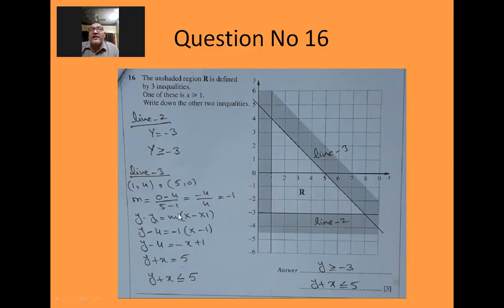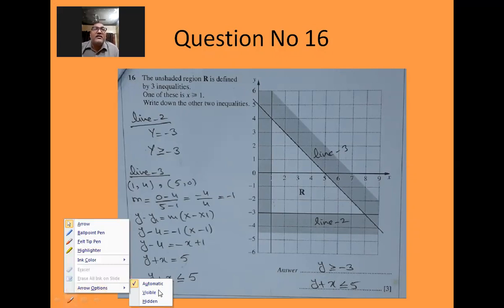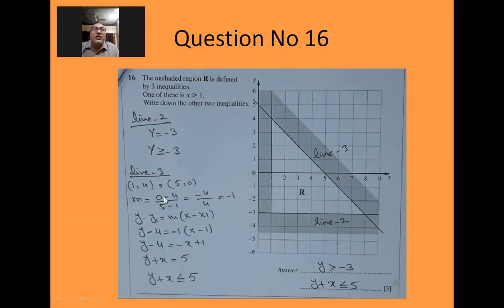For line number 3, I take 2 points on this line: (1, 4) and (5, 0). First I found the gradient. The formula is y2 minus y1 divided by x2 minus x1, so it is 0 minus 4 divided by 5 minus 1, which is minus 4 by 4, so the gradient is -1.